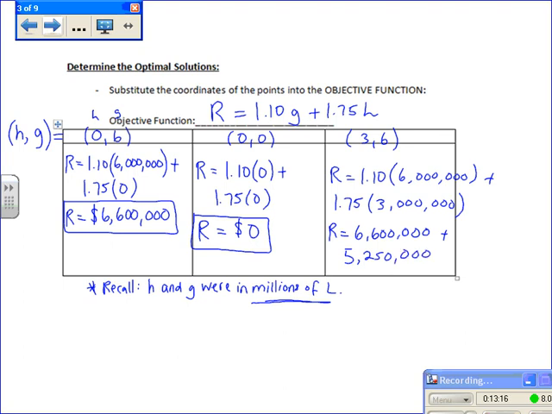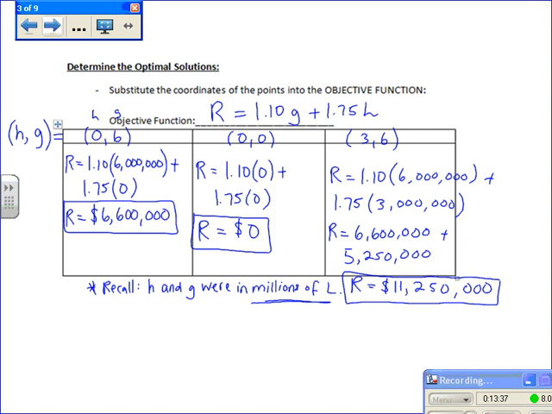And so if I add those two numbers together, I'm going to get $11,250,000. Okay, so that's my revenue for that combination of gas and heating oil.